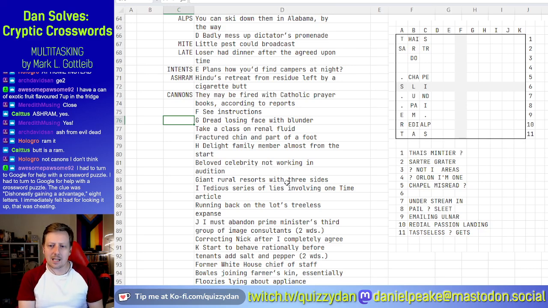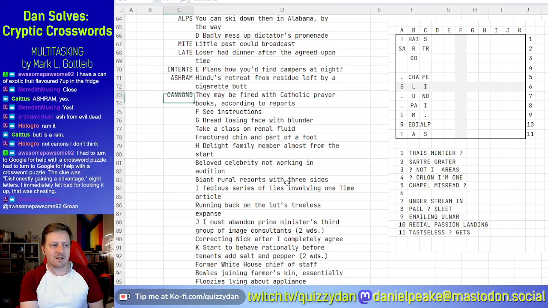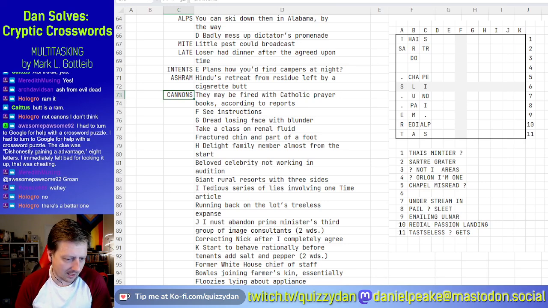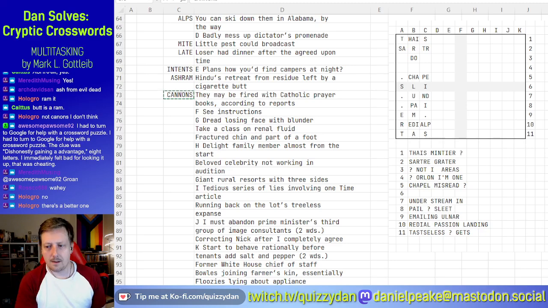It is canons for that other one, isn't it? No. I thought canon was a prayer book. I did think there is a better one. Well, I'm just looking up what may be fired. Guns. Poor performing employees. A canon.